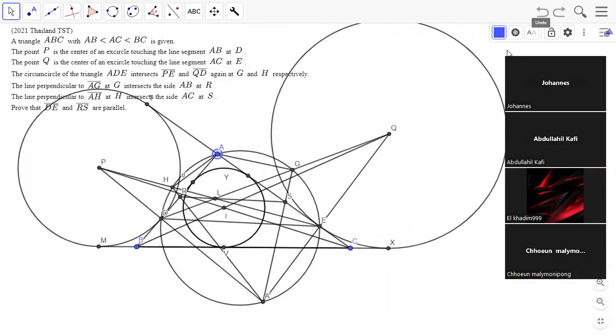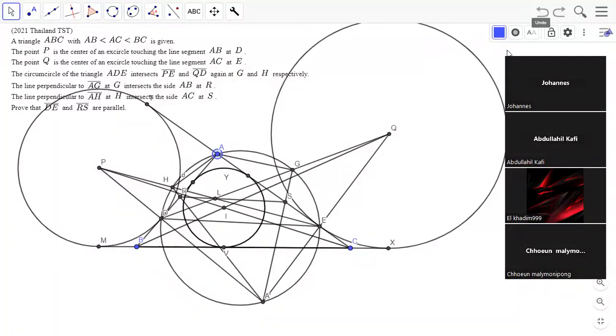This is a good problem. I have about 15 minutes left. So yeah, let's see where we can go with this. So AD over AE, we kind of know AD over AE is BV over VC.